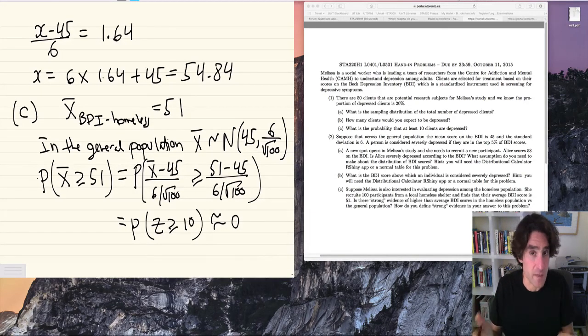We found that was 0, so therefore it's very unlikely that if those people came from the general population, we would observe a score so large.